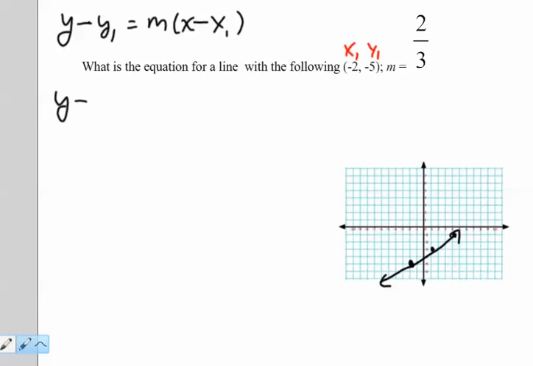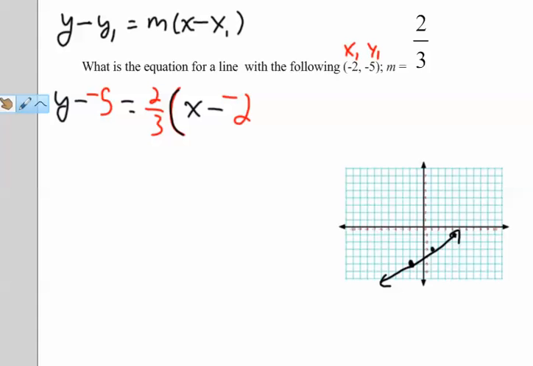I got y minus a minus 5 equals 2/3 times x minus a minus 2. When you polish this up, you get y plus 5 equals 2/3 times x plus 2.